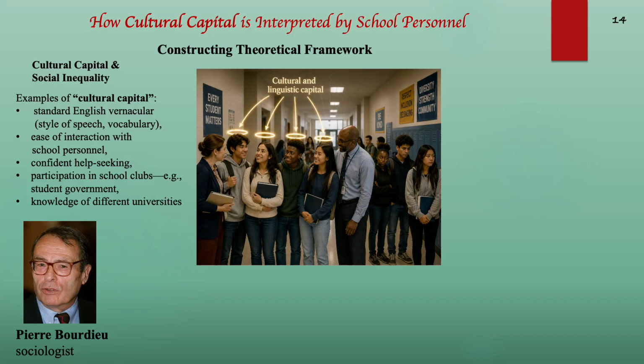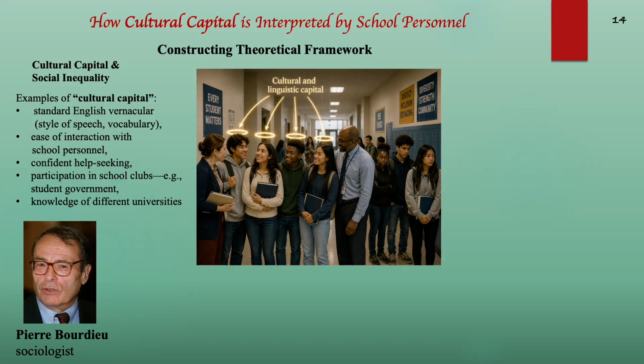In the study here, the issue is how might high-achieving students be unknowingly eliciting a form of cultural and linguistic capital that teachers and school personnel find unconsciously attractive. The researchers examined their data according to Bourdieu's theory.